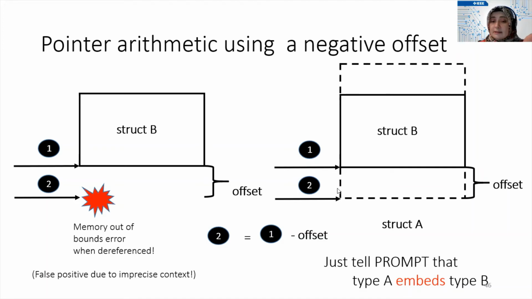And if the code tries to derive a pointer from the base address of the B object to get a pointer to the A object, we won't have any issues because this address will be a perfectly valid address.